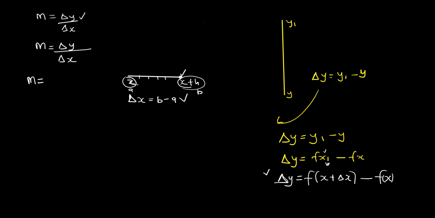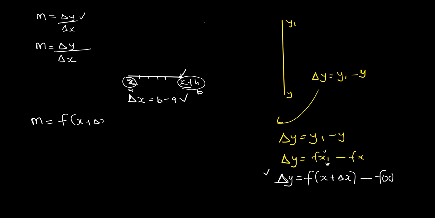So change in y, the function will be gotten by saying change in y is this one we have there: f of x plus change in x, open bracket, minus f of x, like that.